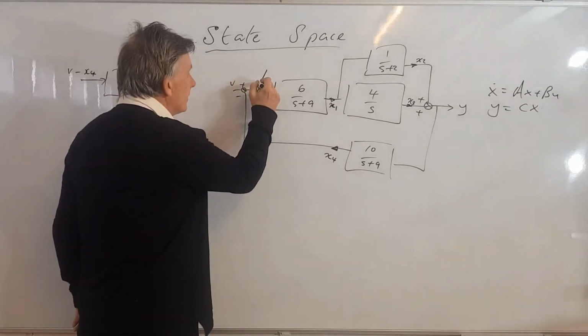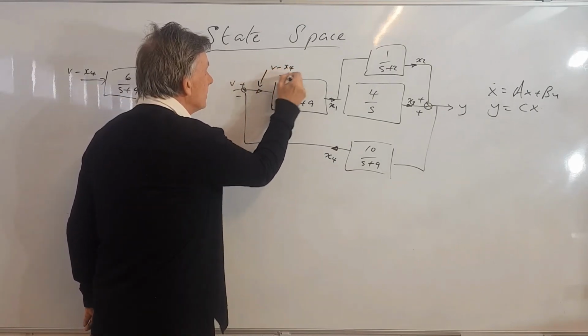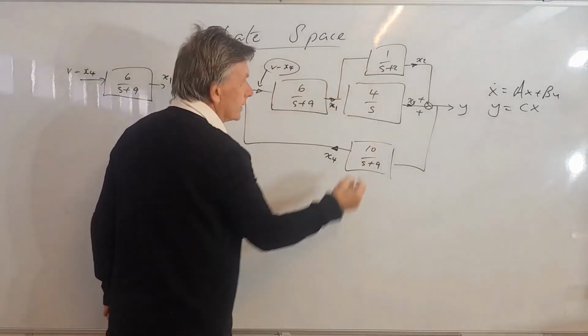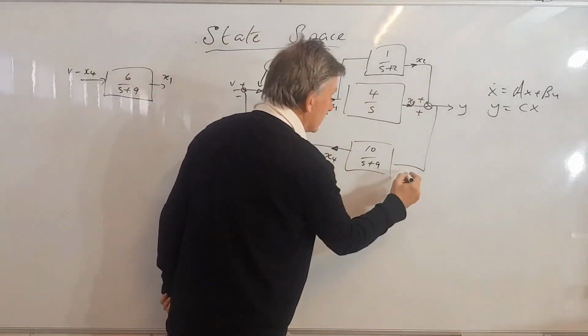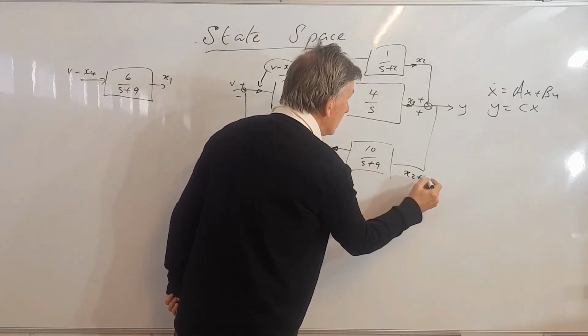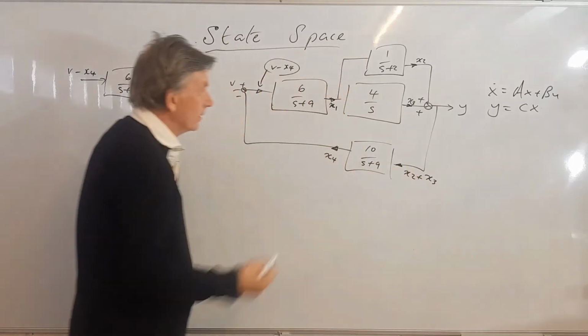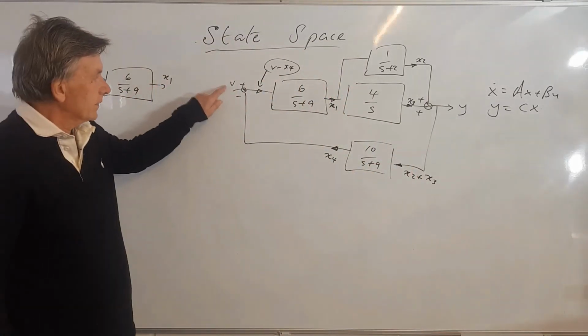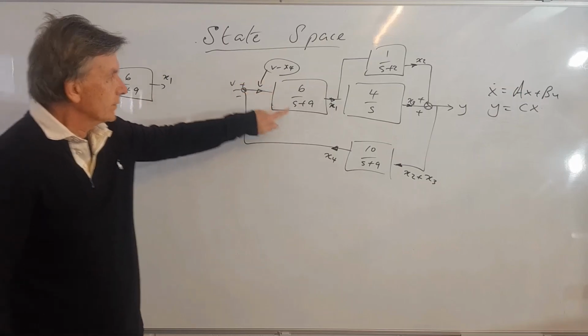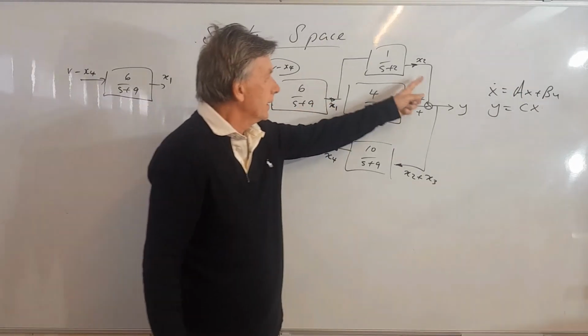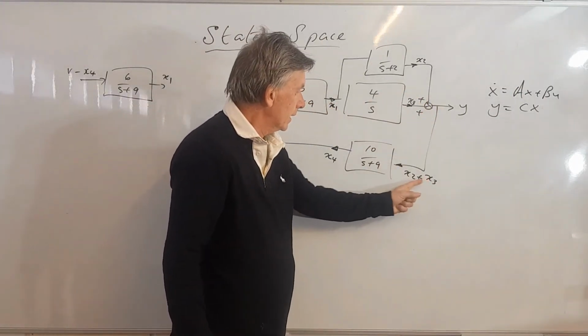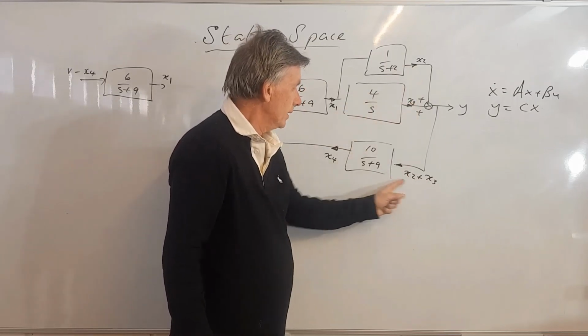That's that signal there, and it's V minus x4. We've got x1 going into these, and into this one we've got x2 plus x3 going in. So we get those off the block diagram. That's V, that's x4, so that's going to be V minus x4. This is clearly x1. These two add together to give you this one, so x1, x2 plus x3 going into this box.